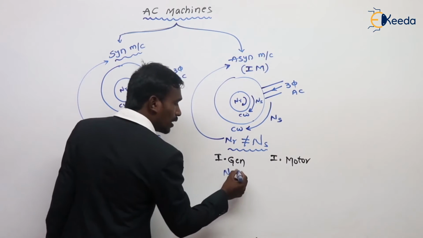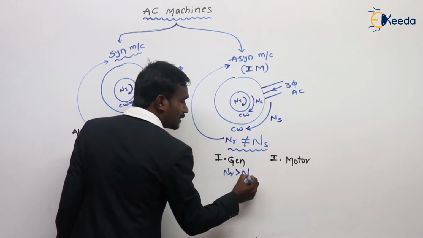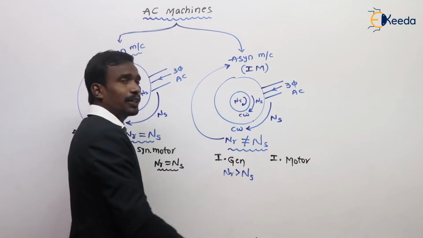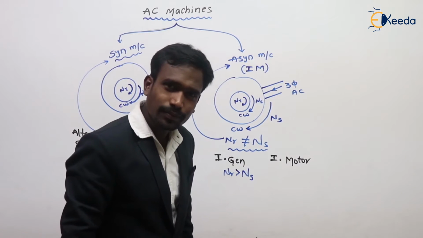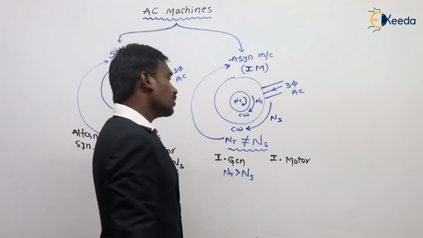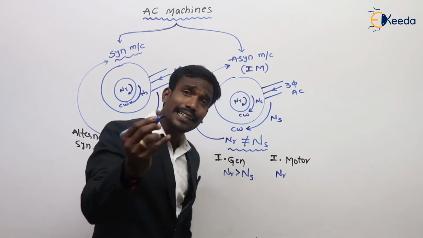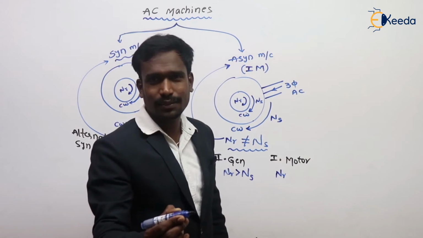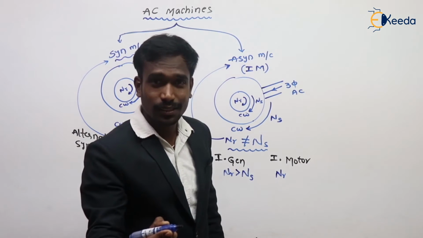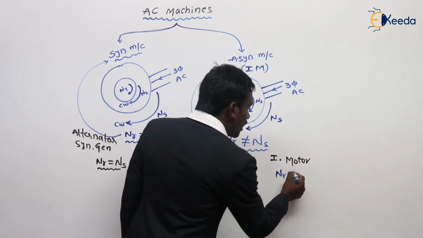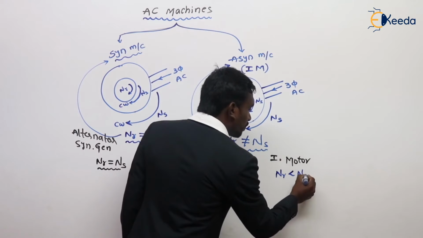Of course not equal, but how much? It is greater than synchronous speed. Similarly, in an induction motor, the rotor speed is not equal to synchronous speed, and it is less than synchronous speed.